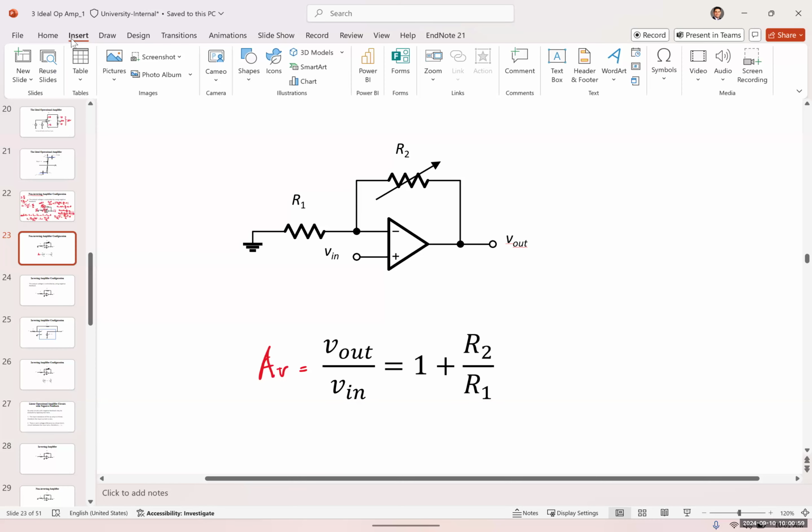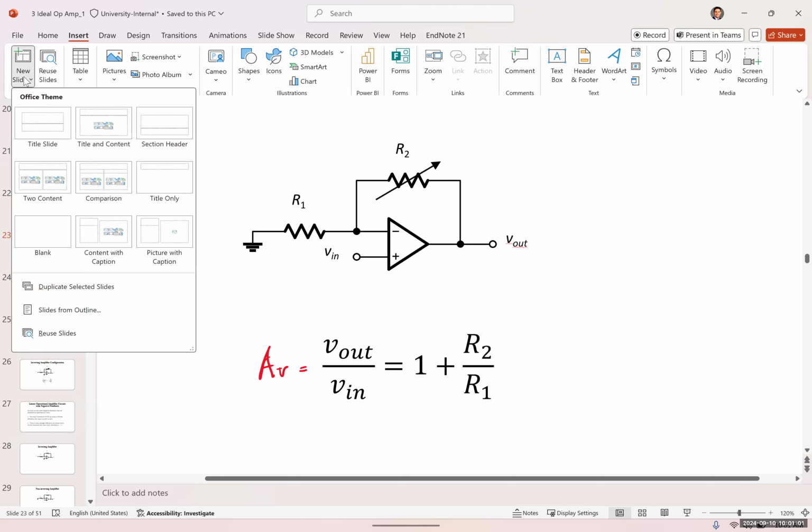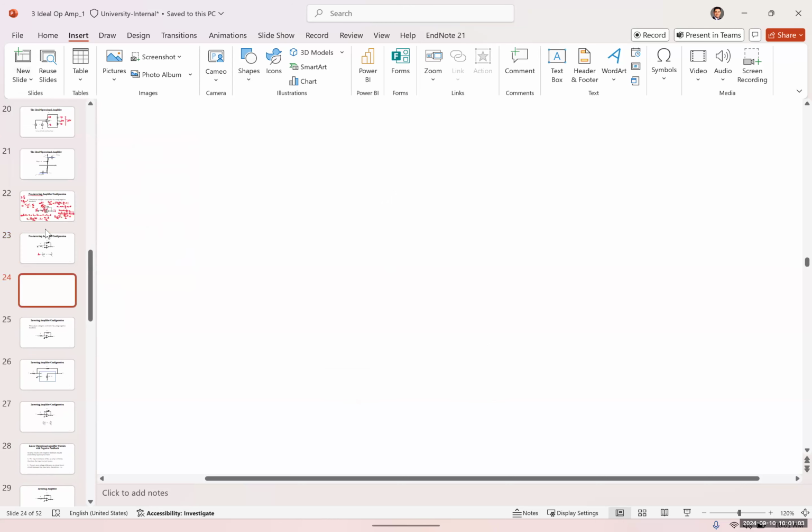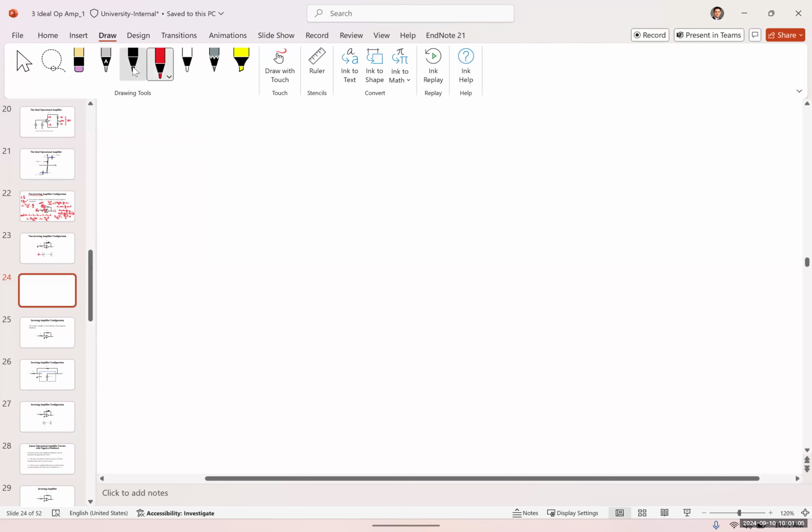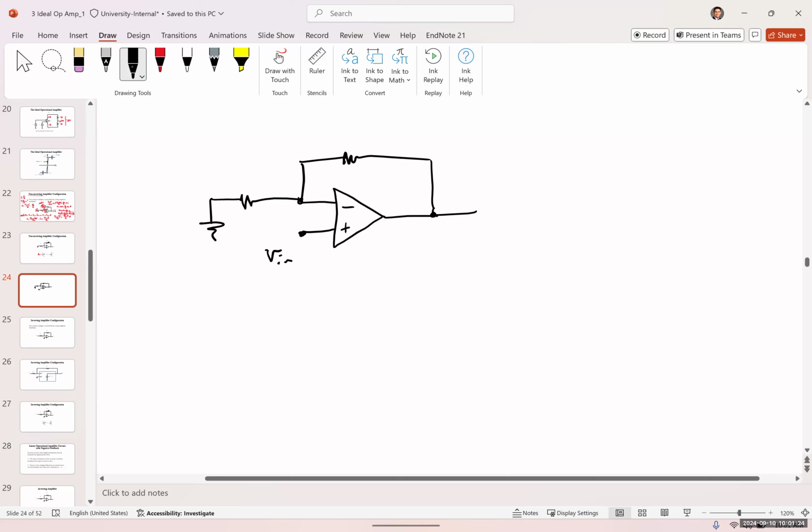Now let's solve a few practice problems with this. So imagine I have two resistors connected to a non-inverting amplifier. Vn, this is ground.